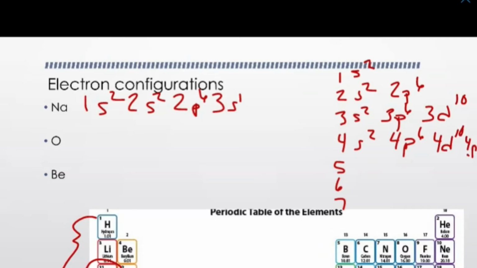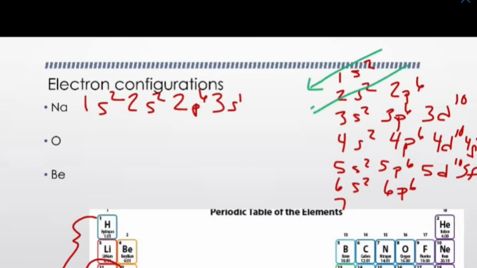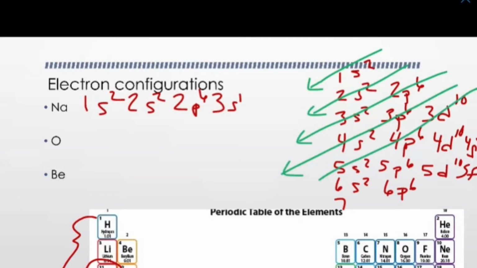Then for f14. Once we get all of this done, we've got to draw those arrows that go diagonally. I'm only going to do a couple more because you don't really need that many for this one. Okay, now I'm going to draw those arrows that go through it from the upper right to the lower left.